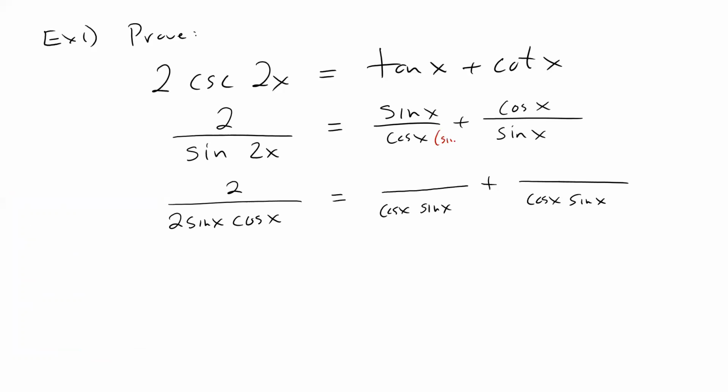Sine squared. It looks like I need a multiplier of sine x on both sides, so a sine squared x. This one needs a multiplier of cosine of x and another cosine of x. This becomes cosine squared x.